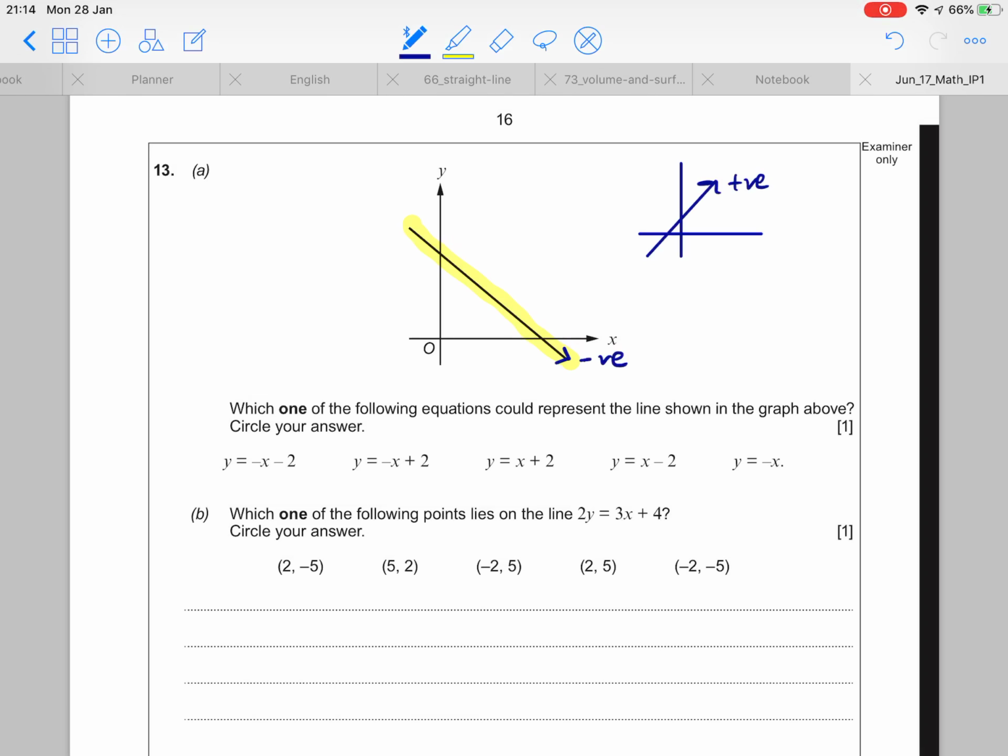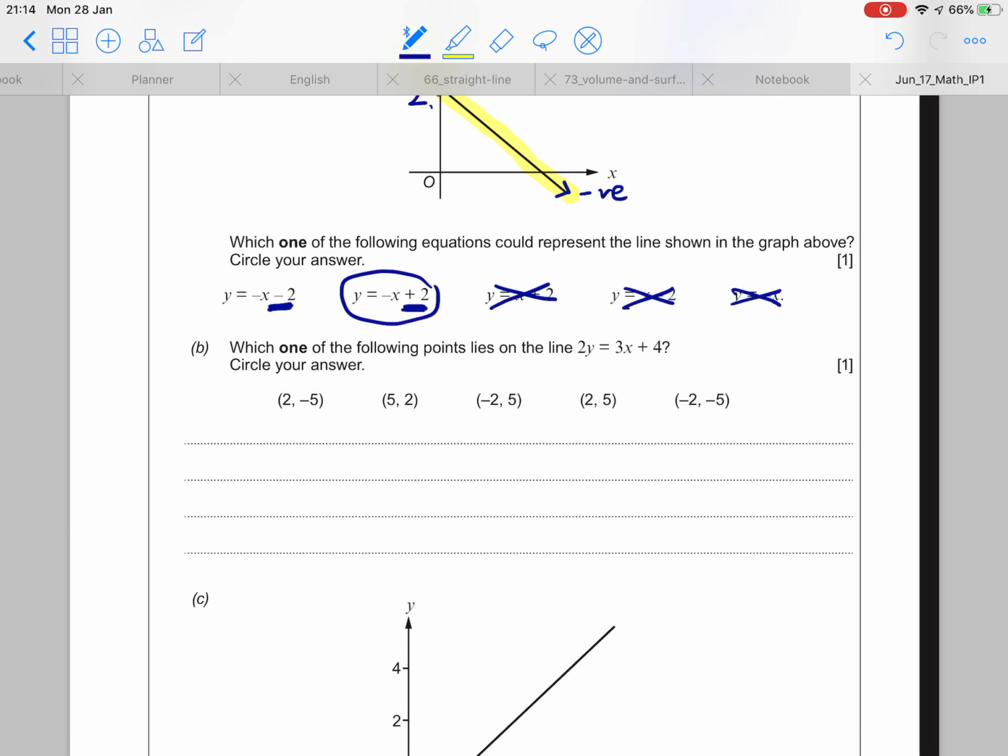So as I'm looking at the different equations that are on offer, no good, no good. This doesn't go through the origin, and this line here would have to go through the origin, so no good. This line here cuts through at -2, this line here cuts through at +2. So both of those are negative lines, both of them are a good option. This one cuts through at a +2, so I think that that's the line that I've got.